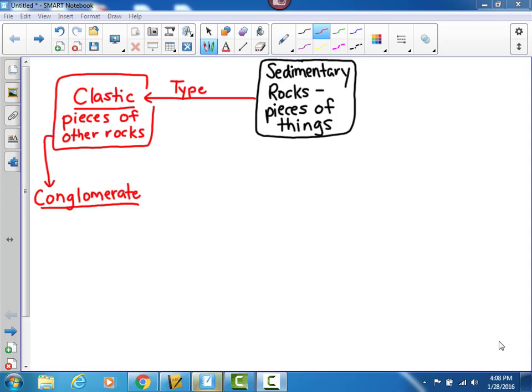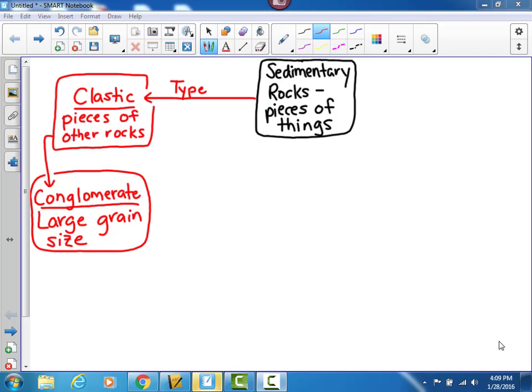You might know that a conglomeration is just a big jumble of things kind of all together. So conglomerate is that kind of sedimentary rock. It has large grain size. That means the particles are very easy to see, like pebble size. So conglomerate would look like somebody took a bunch of pebbles and cemented them together.